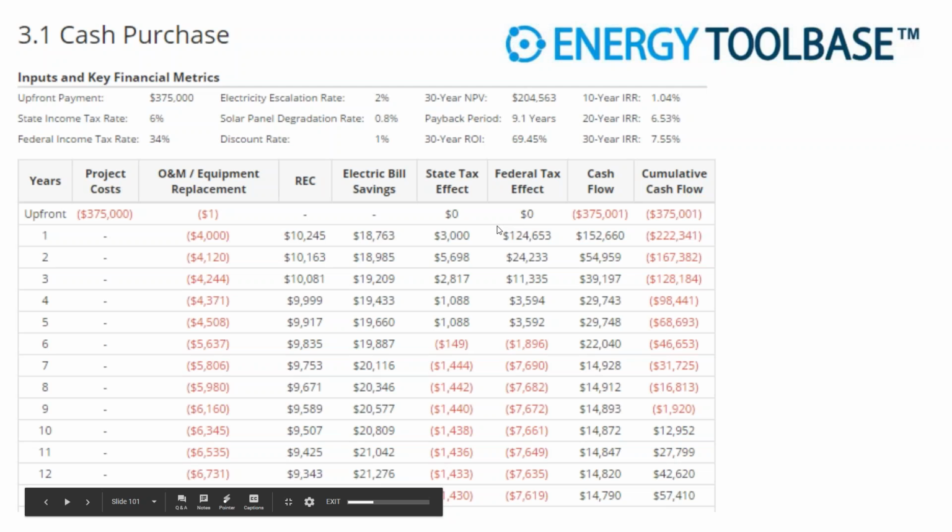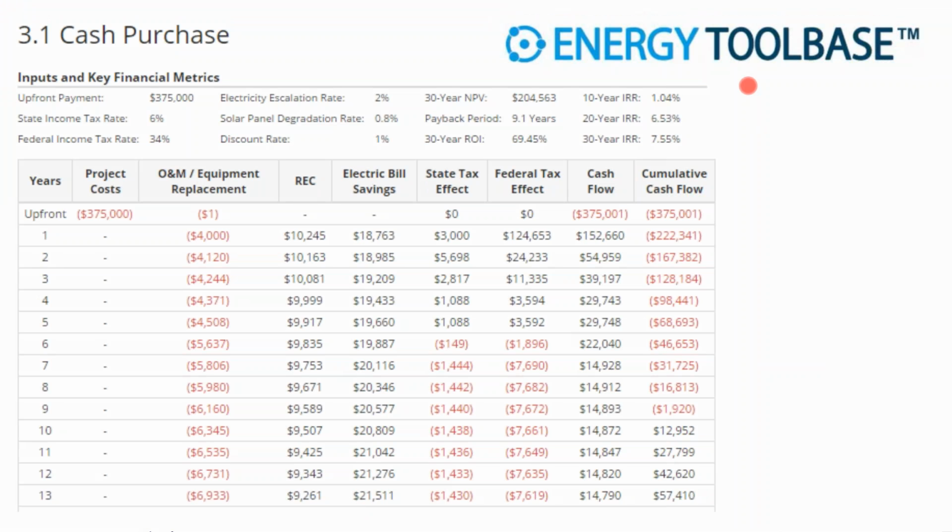Now, the reason why I mentioned that is because Energy Toolbase went to present a presentation to the NABCEP Continuing Education Conference last year, and a number of installers were pushing back on their cash flow analysis because this is what happens.